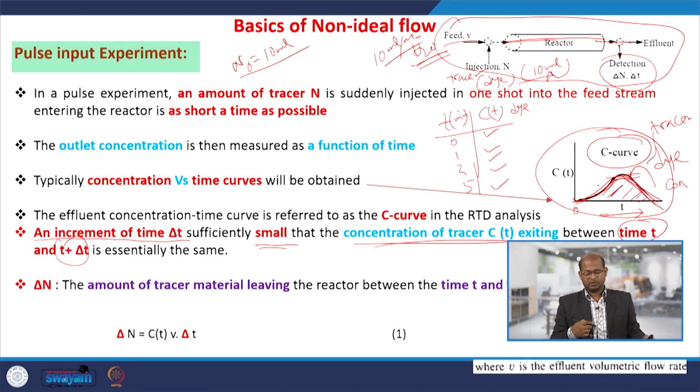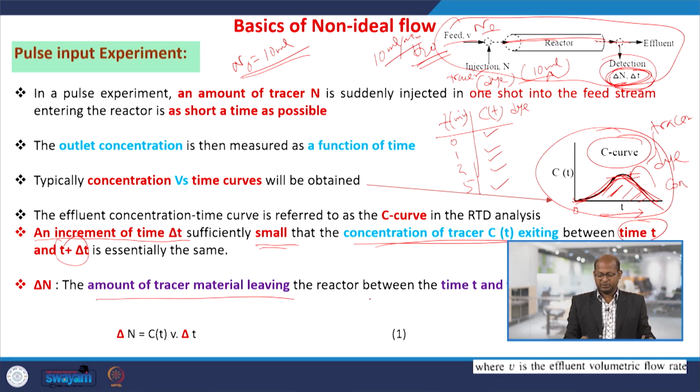Let us say this is a known quantity. N0 amount was injected, and after delta t time we are getting delta n amount of molecules. Similarly, at different times we can get the amount of tracer leaving the reactor between t and t plus delta t equal to this.